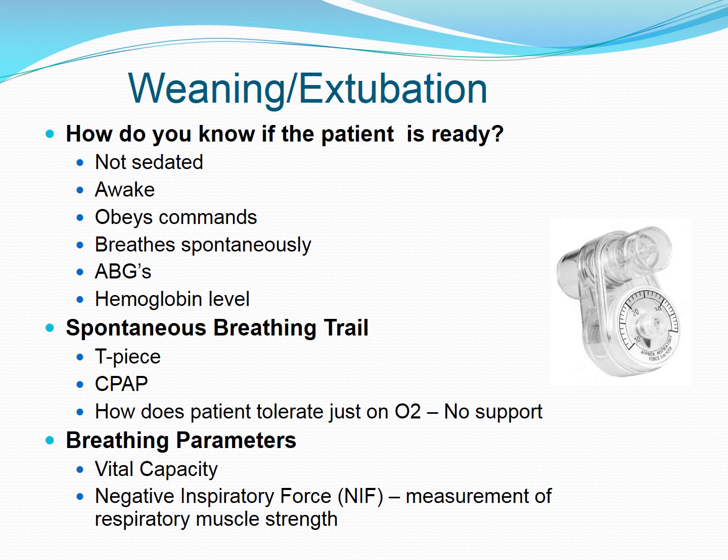So what will happen is we can use a T-piece or a CPAP for weaning. I already mentioned the CPAP on the ventilator and how we do that. The patient is still connected to the ventilator, but we just put it on CPAP mode. And we do those spontaneous breathing trials that I mentioned. In T-piece weaning, the ventilator is removed for brief periods during which oxygen is delivered through a T-piece.